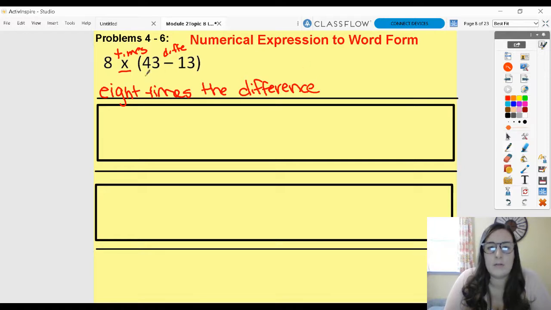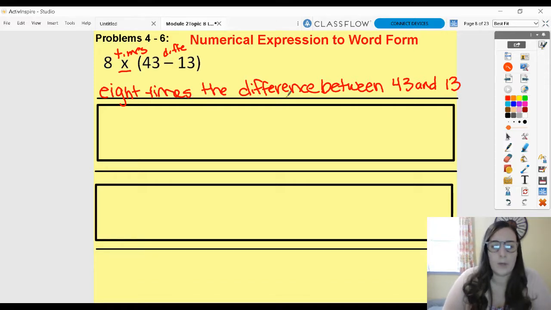Now I want those two numbers to be grouped together, so I'm not just going to say difference, I'm going to say difference between 43 and 13. So that would be a way that you're going to take it from the numerical expression and then go in the opposite direction from what we've been doing and write it in word form.